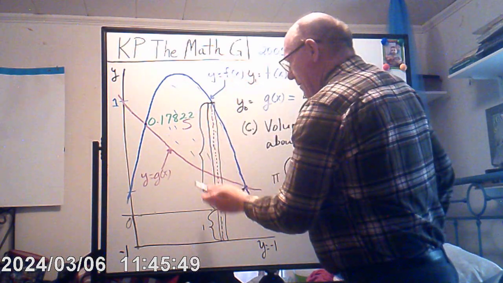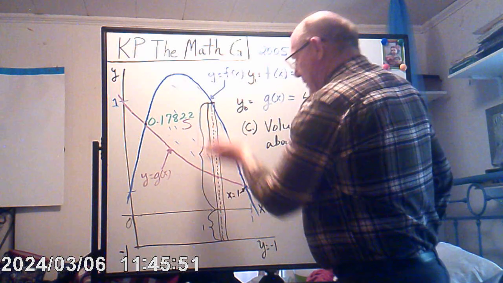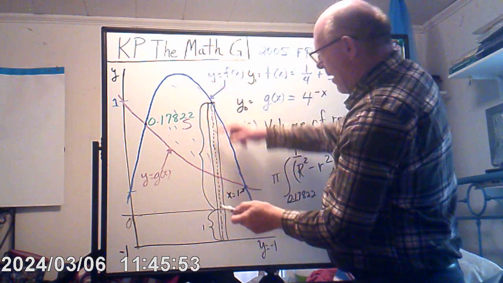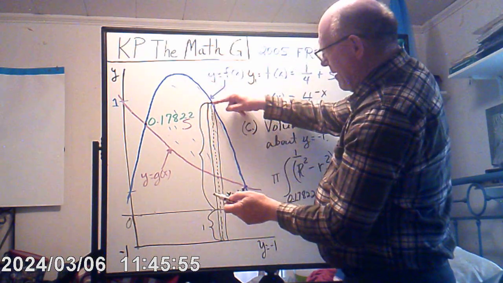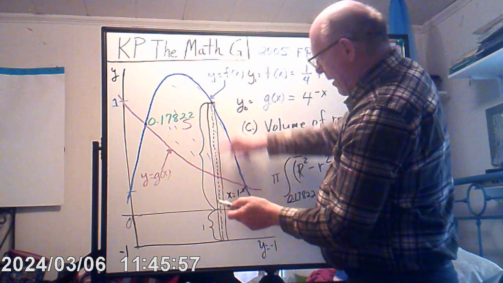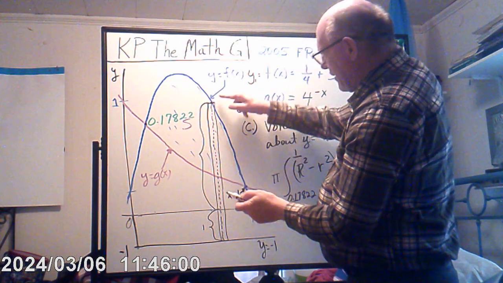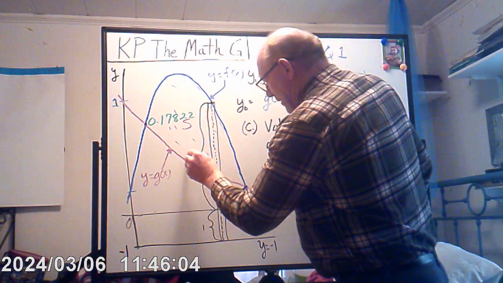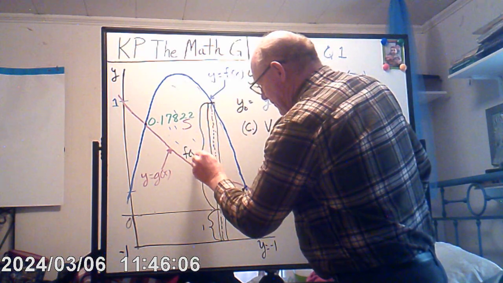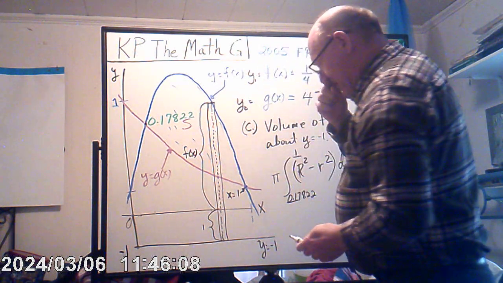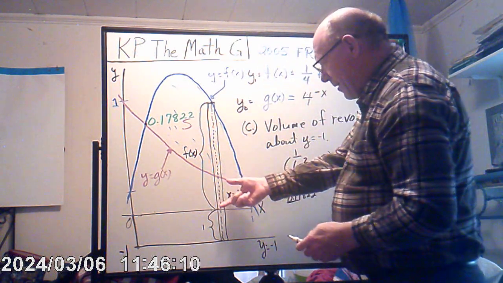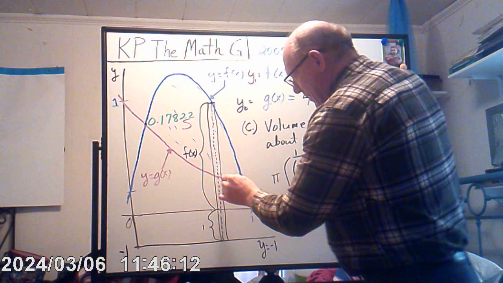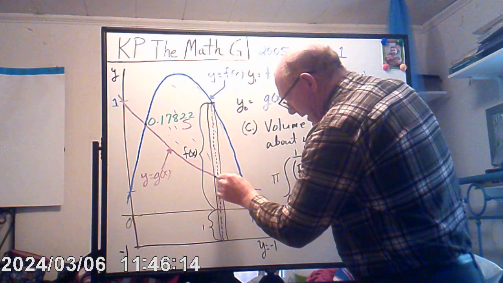This is the y value, how far up that goes. In this case, y is alpha at x, and of course we are subtracting off this distance also from here down.